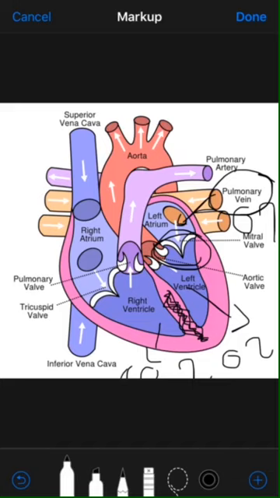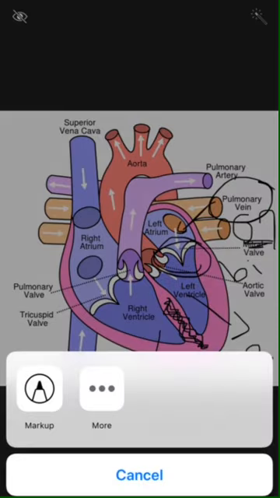Atrioventricular, yes. So in order to make it easier for you, remember that atrioventricular valves are found between atria and ventricles.